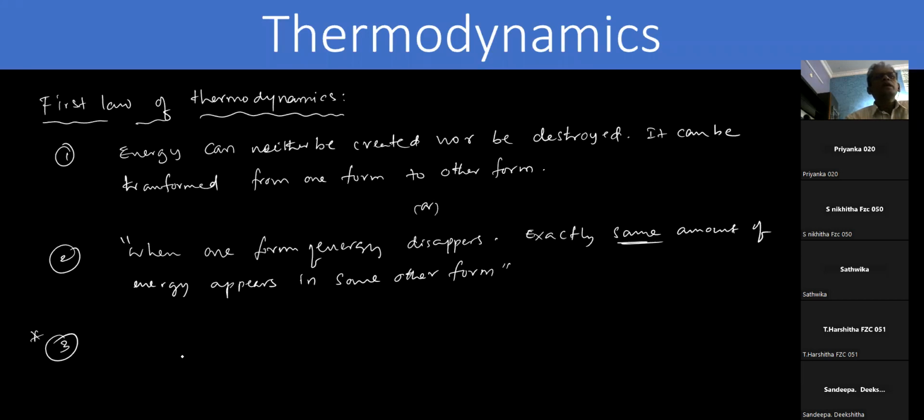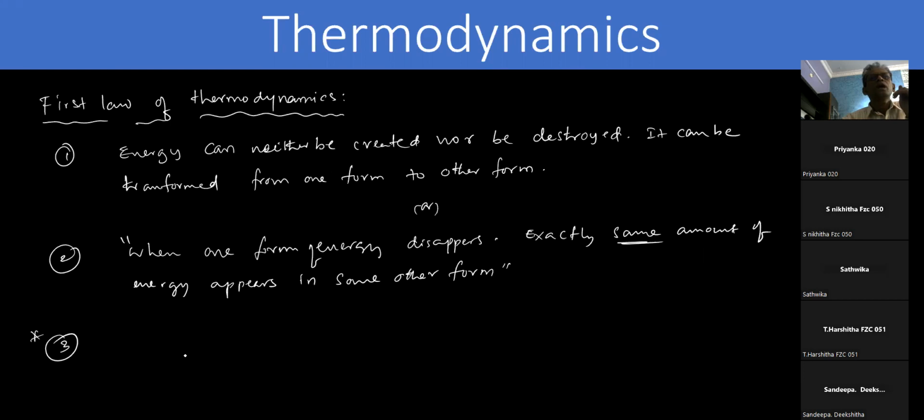some of the heat energy is used to increase the internal energy, and the remaining heat is used to do work, either by the system or by the surroundings.